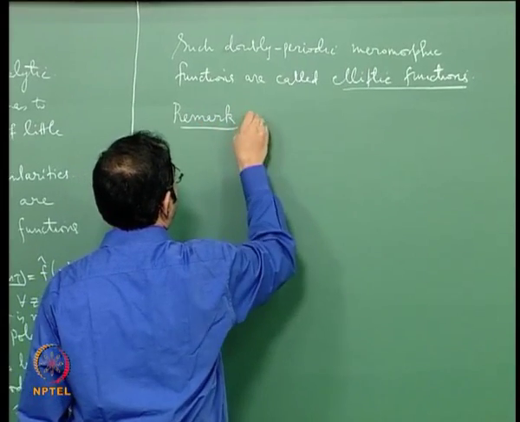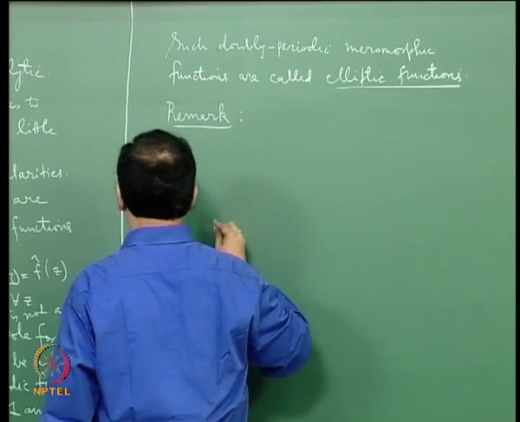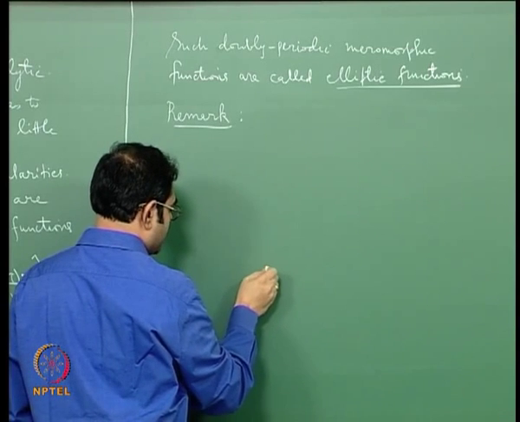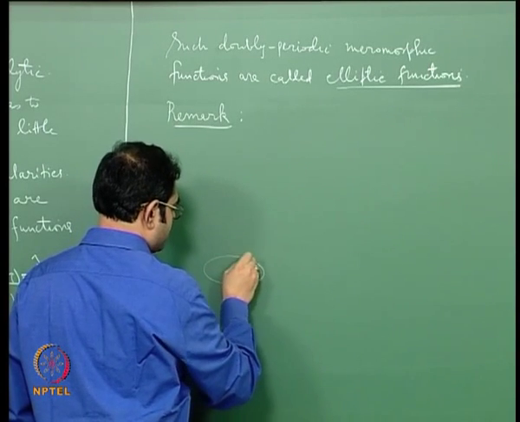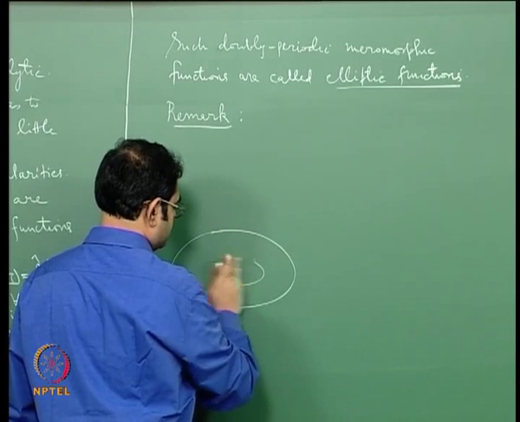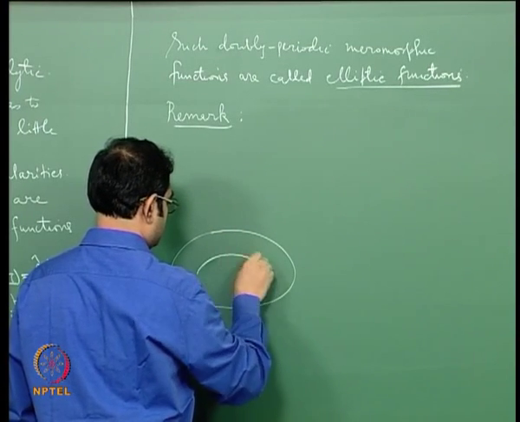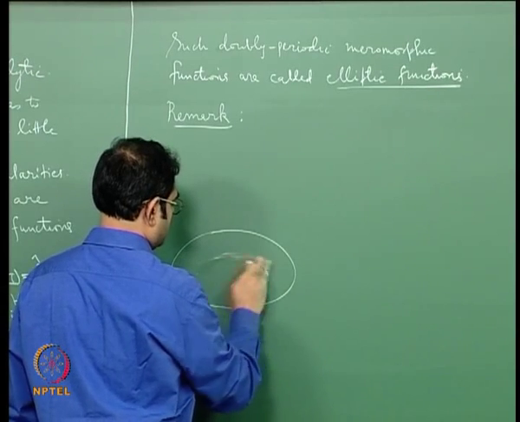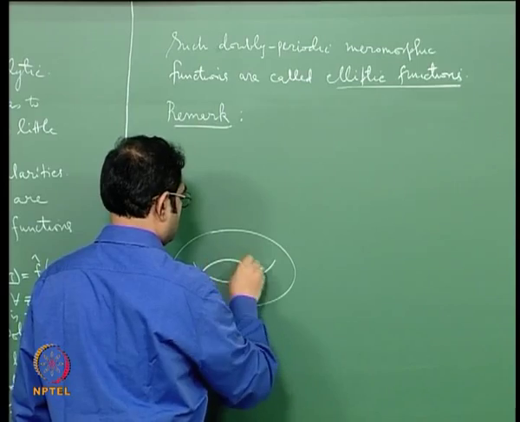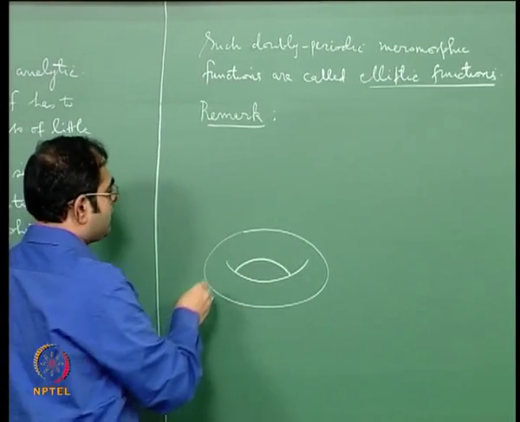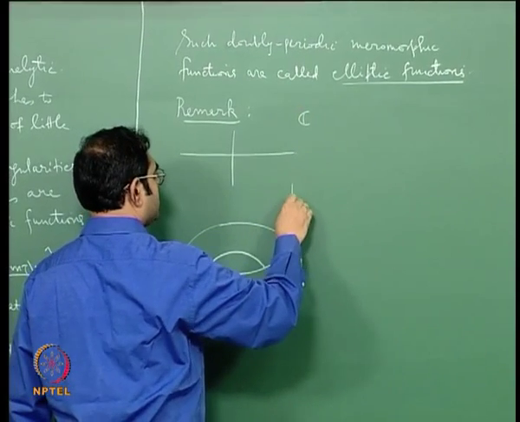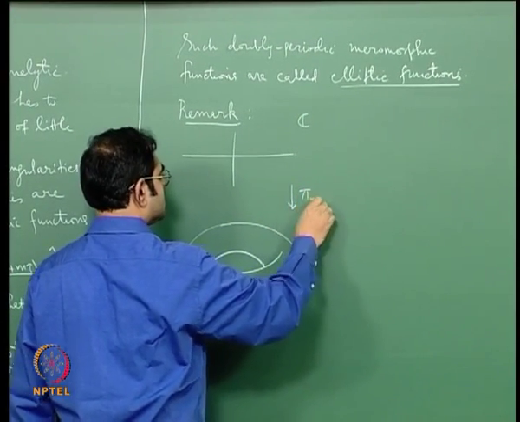Let me draw a small diagram. Here is my torus, and what is above is the complex plane, and this is the projection, this is t tau.